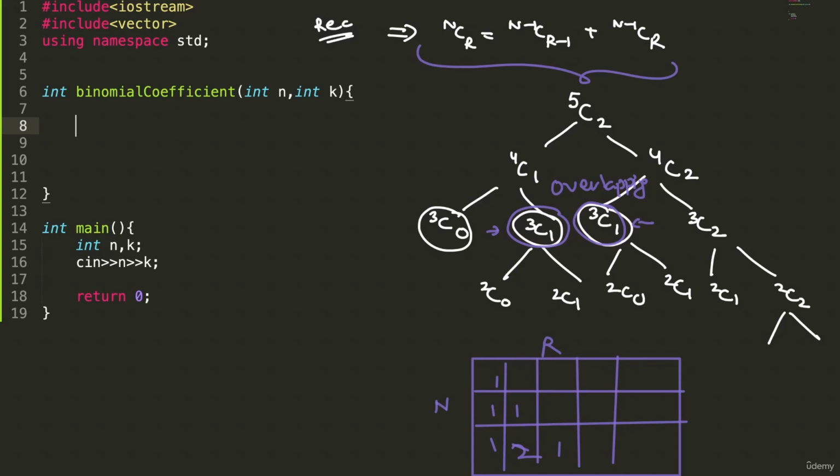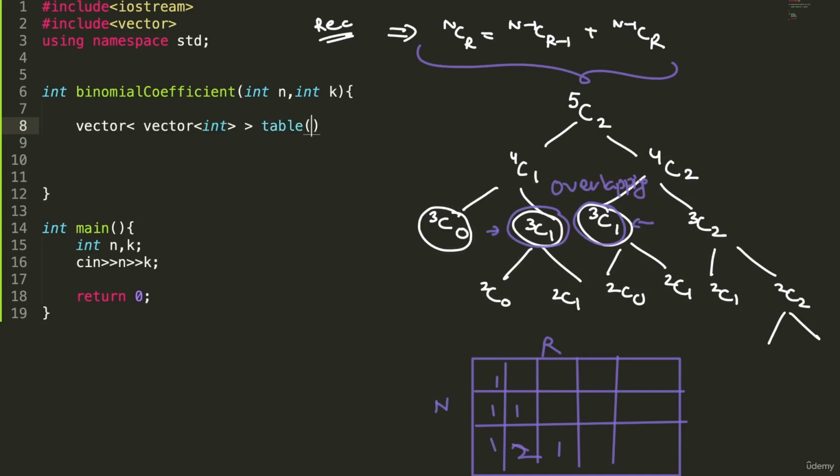Okay, so first of all, I will create an array. So in this array, or a vector you can say, I'm going to create a vector of int, or let's say a 2D vector of vector int, and let's call it table.